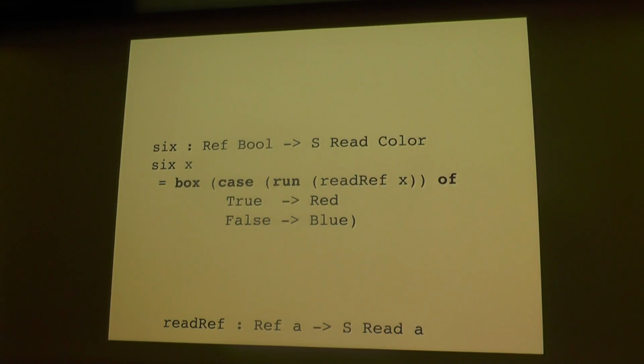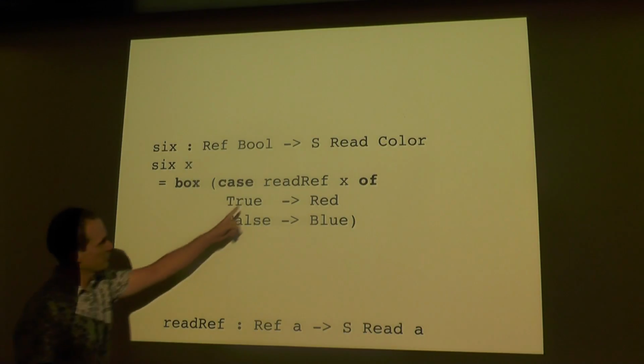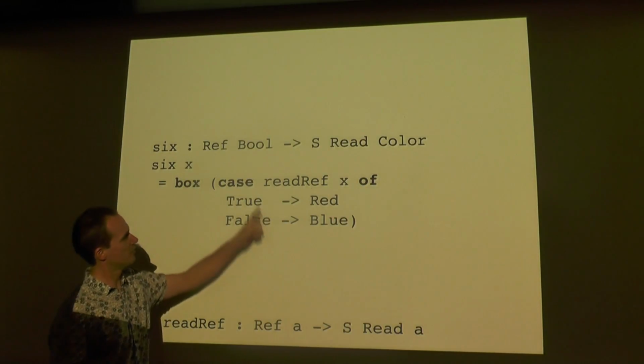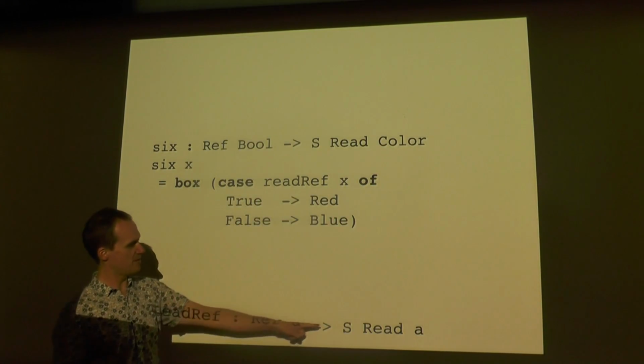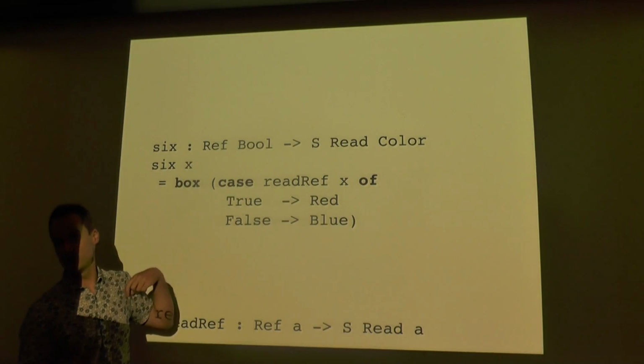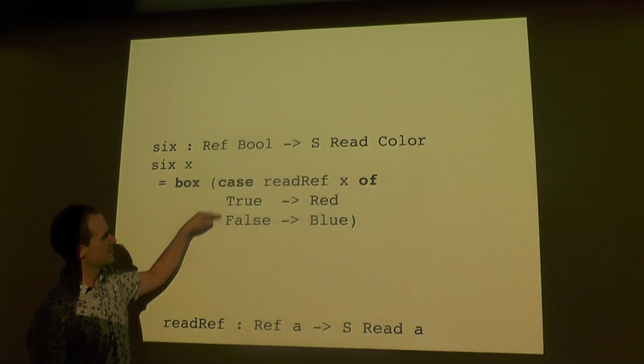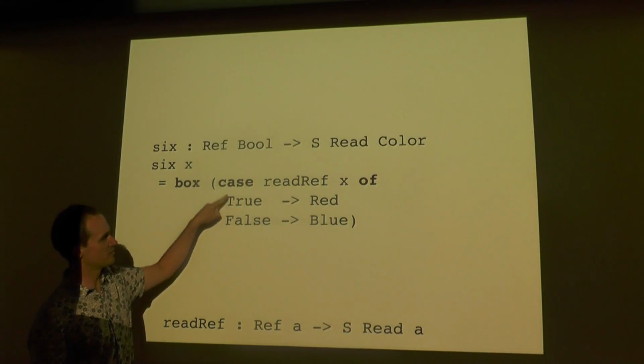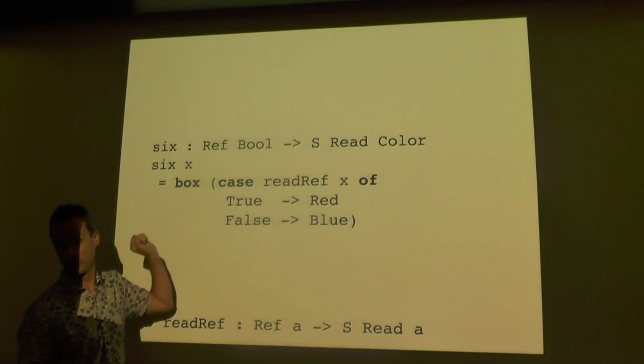So just imagine we wrote that and we didn't have the run. I've taken the run away. And you can ask, well, what's the type of read ref x? Well, read ref x has type S read a, but then in the context I've used it, you can see that this case expression wants a boolean.